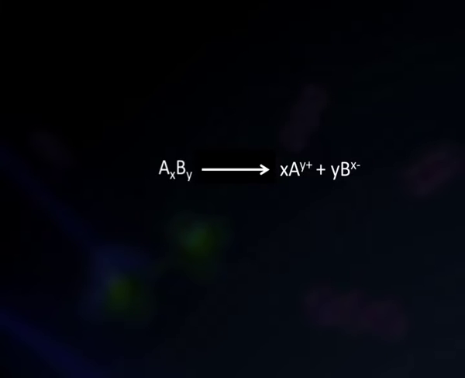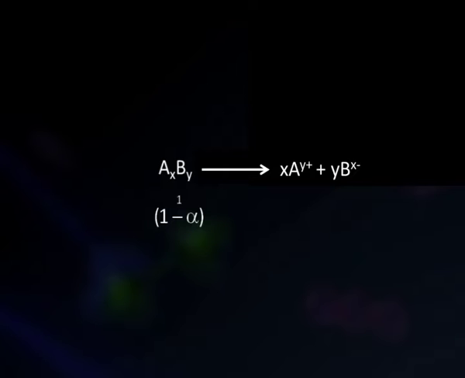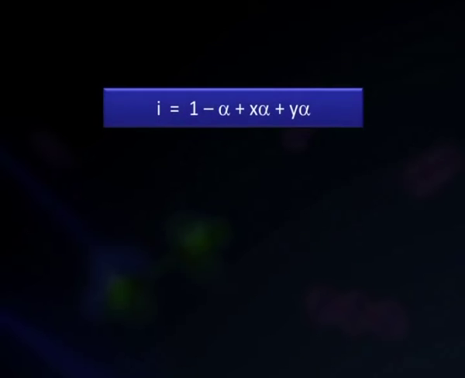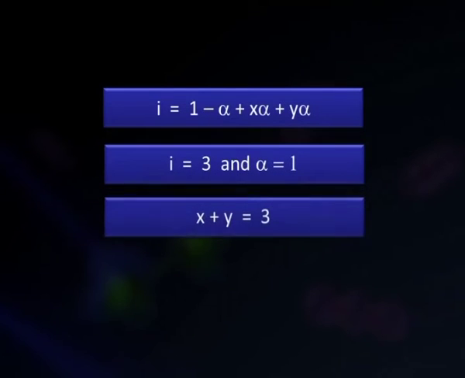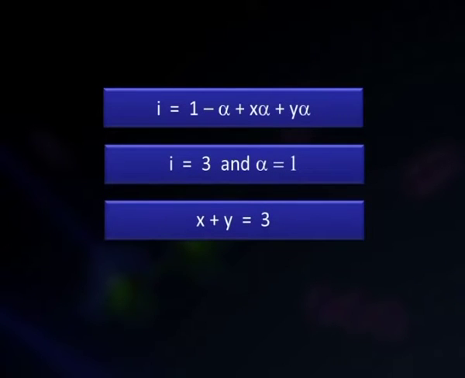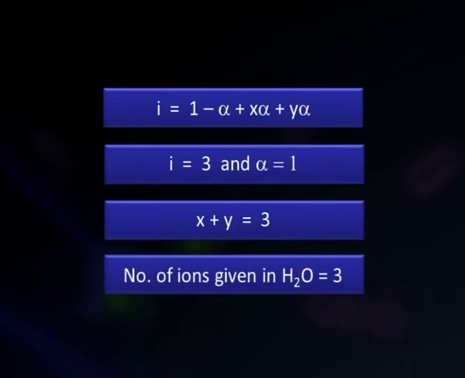Therefore, we will get total number of ions after dissociation 1 minus alpha plus x alpha plus y alpha. Therefore, i will be equal to 1 minus alpha plus x alpha plus y alpha, and as i is equal to 3 and alpha equal to 1, putting all these values, we will get x plus y equal to 3. Therefore, number of ions given in water will be equal to 3.